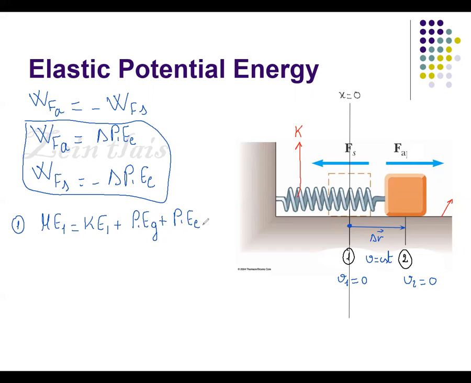Here we don't have velocity at this point, so we don't have kinetic energy. Let's take the x-axis here and the y-axis here. The height of the object between the initial point and the final point is the same, y equals 0. When we don't have height, we don't have gravitational potential energy, so we don't have mgh.